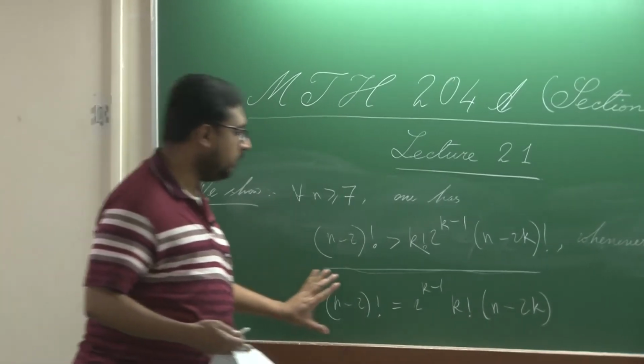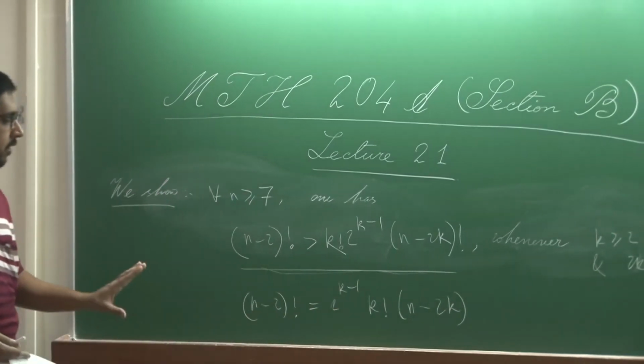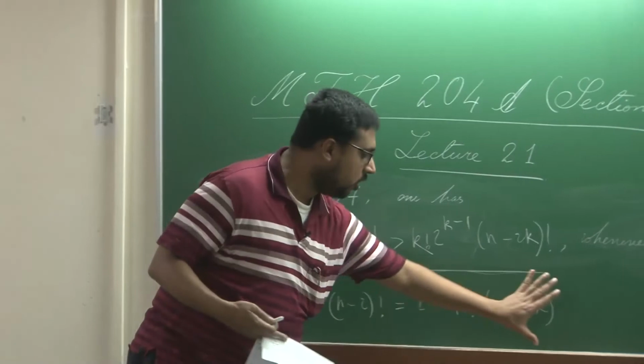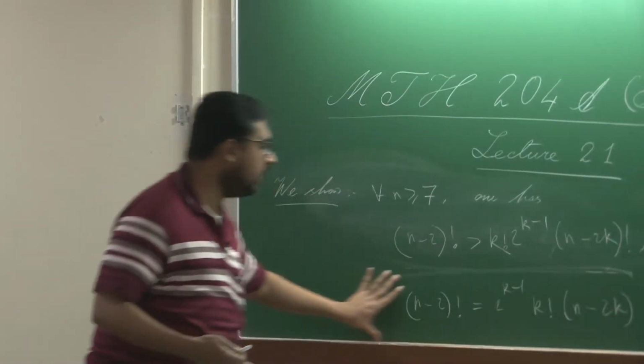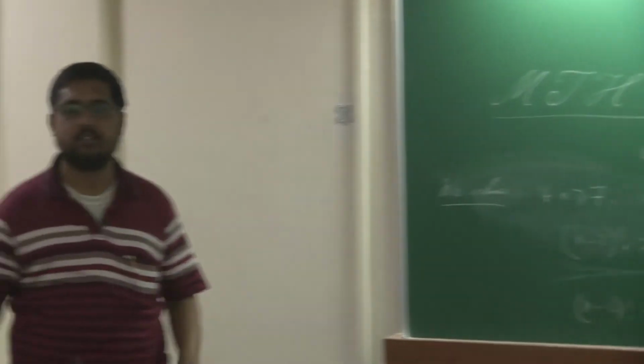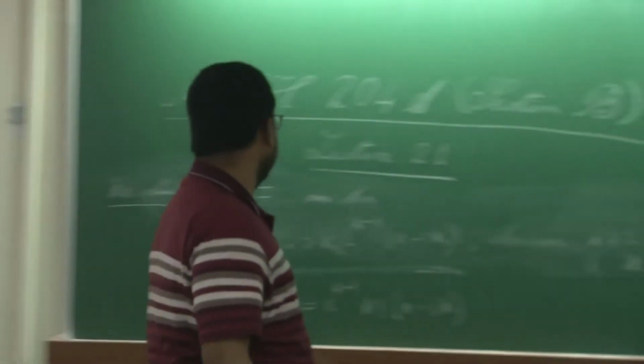And then we show that for all n not equal to 6 this cannot hold if k is at least 2. That is all we have proved.